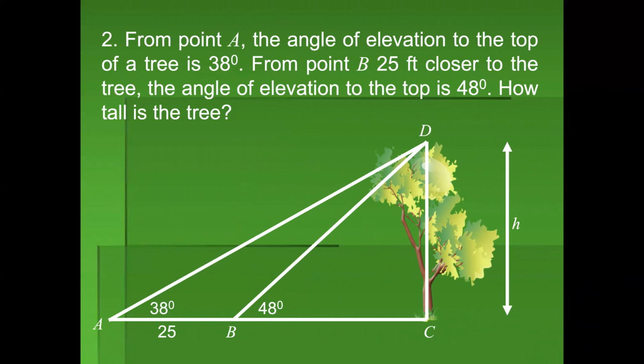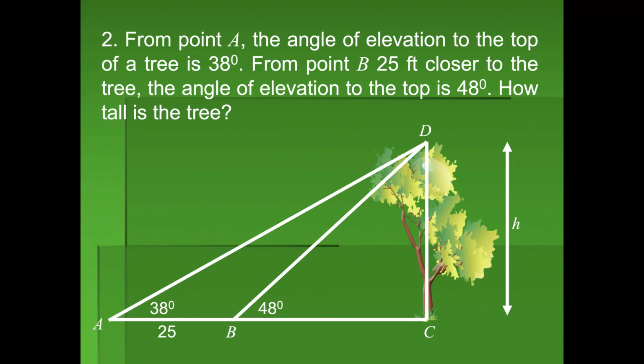So reading the problem, we have point A, which is shown in the illustration. The angle of elevation to the top of a tree is 38 degrees. From point B, 25 feet closer to the tree, the angle of elevation to the top is 48 degrees.